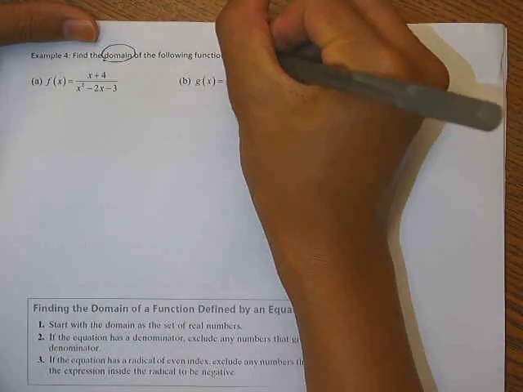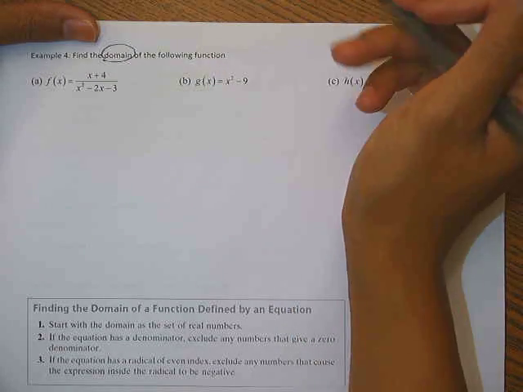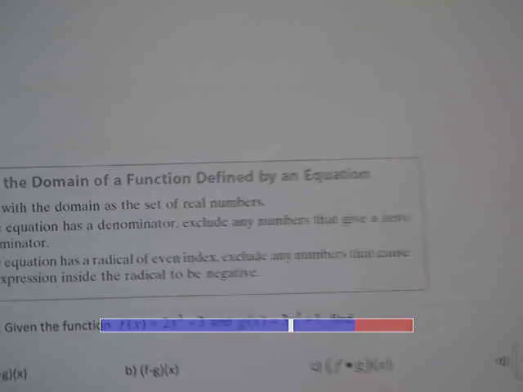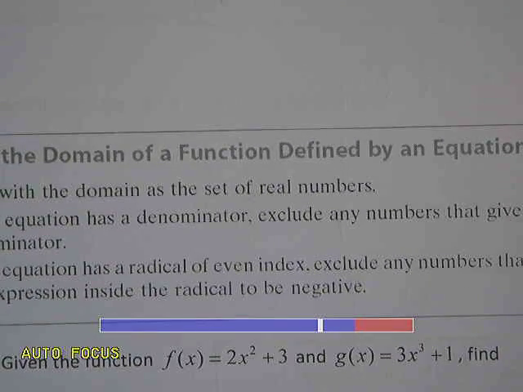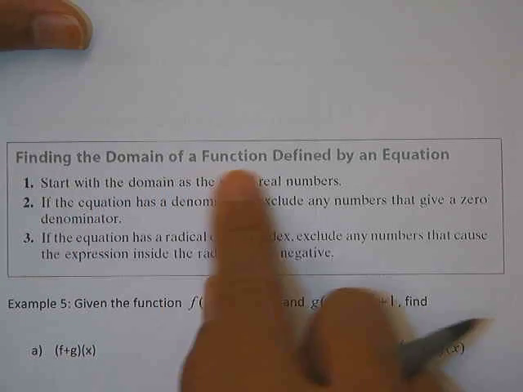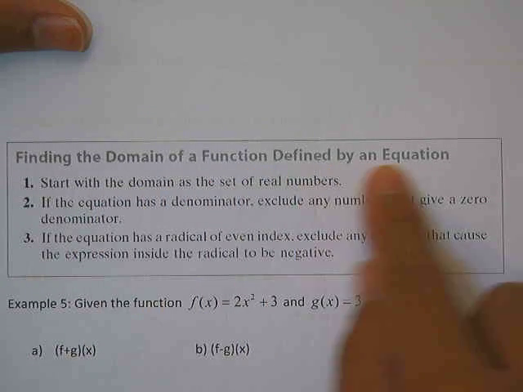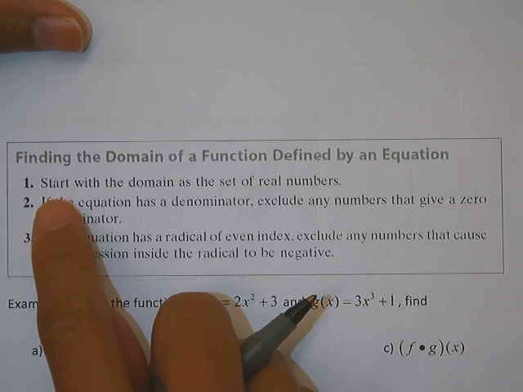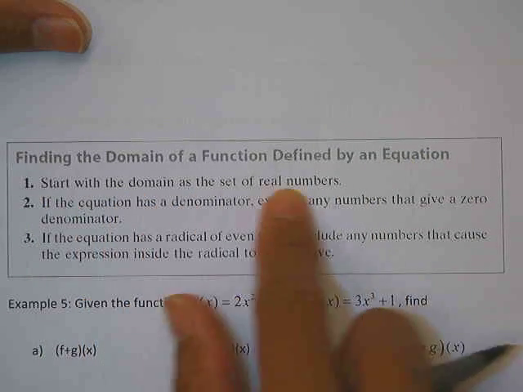There are a couple of things it wants you to know, so let's read this piece at the bottom of your example 4. Finding the domain of a function defined by an equation, meaning given an equation versus a graph. Start with the domain as a set of all real numbers.